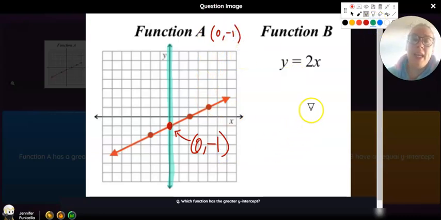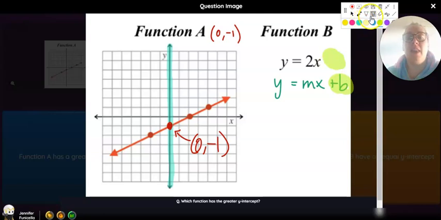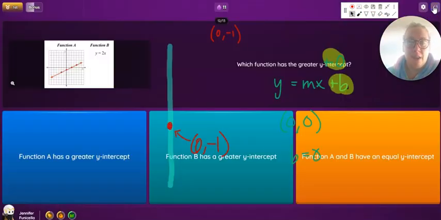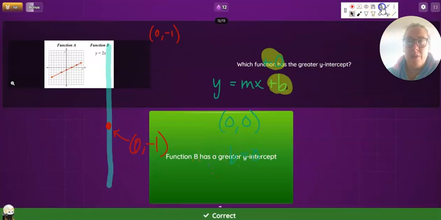And for function B, it is in slope-intercept form, but notice there's no number that's added or subtracted on the end of that equation. And that's because there's this imaginary 0. If we don't see a y-intercept, if there's not a number added or subtracted, that just means it's going right through the origin at (0, 0). So 0 is actually greater than -1, so B does have a greater initial value, or y-intercept.